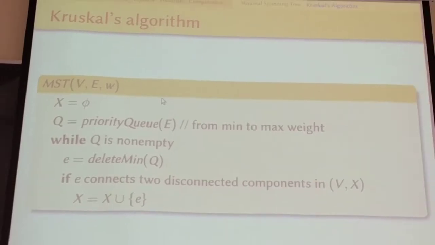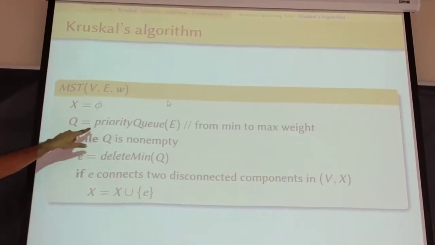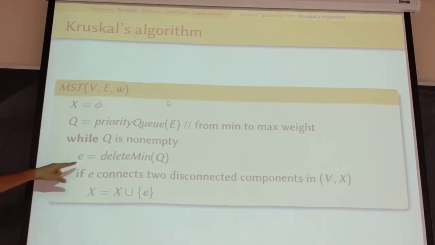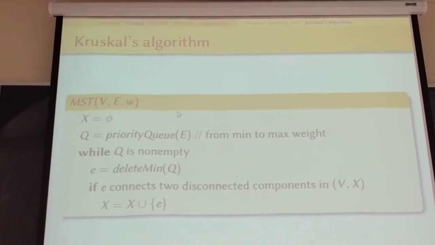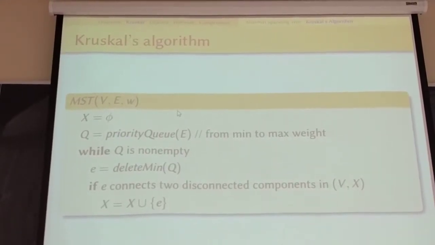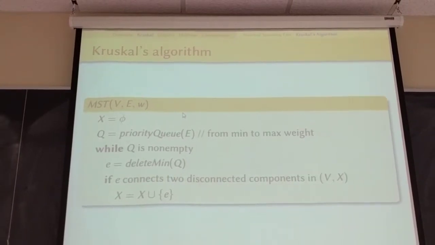So the minimum weight edge is going to be at the top, and the maximum weight is going to appear at the very end. Then you pick these edges one by one, and you add the smallest weight edge to your spanning tree, unless its addition will create cycles.